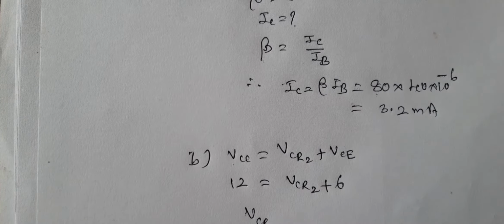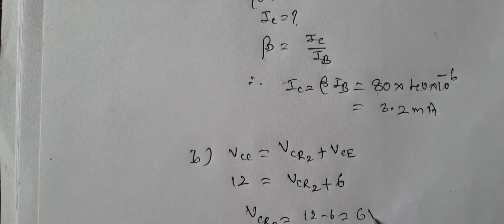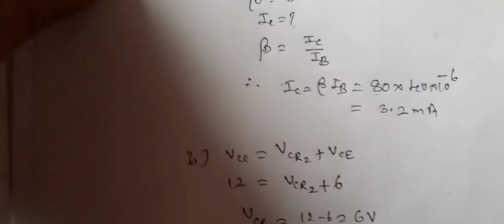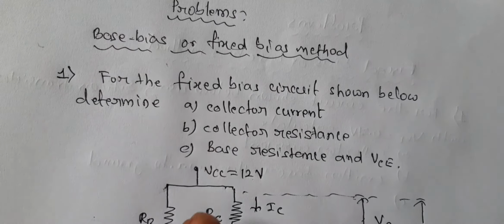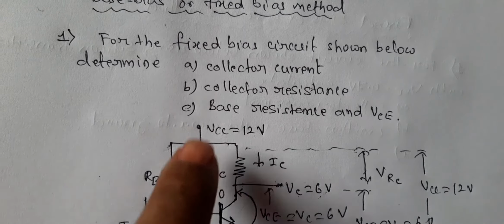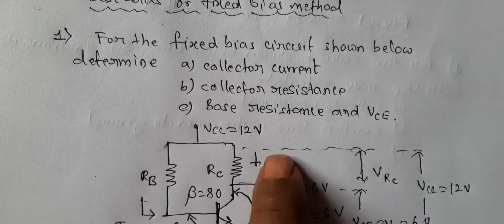Therefore, VRC is equal to 12 minus 6 equals 6 volts. But we know that by definition, the voltage across RC is current into resistance. IC into RC is the voltage across this.